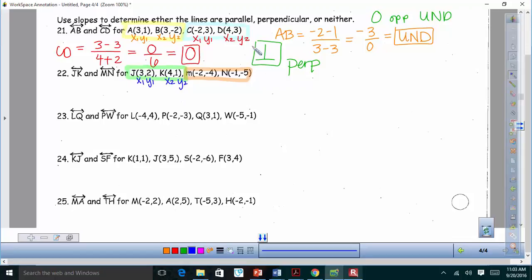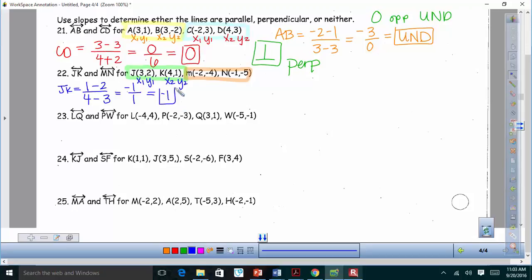So up here I did AB and CD. Here I'm going to do JK so that I know that's the slope I'm looking at. I'm going to do Y2 minus Y1, 1 minus 2, over X2 minus X1, 4 minus 3. Okay, so that would give me a negative 1 over 1, right? Which equals negative 1.